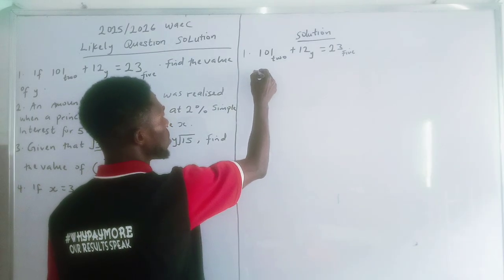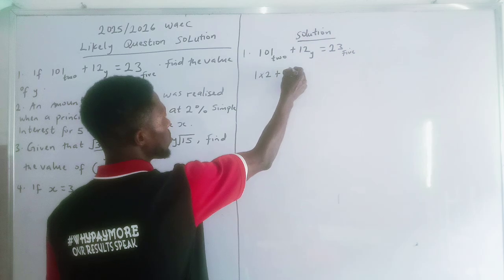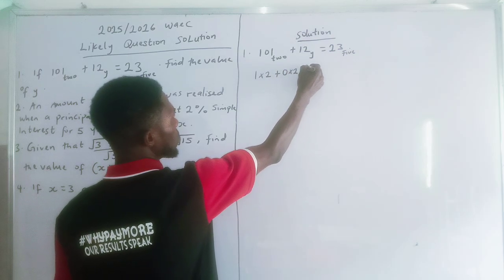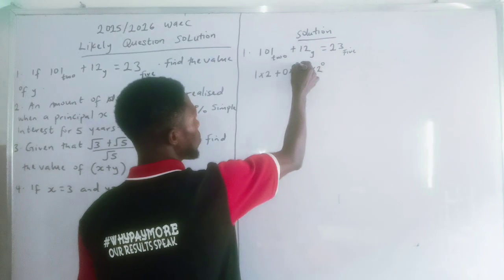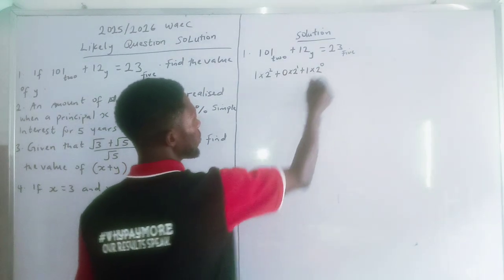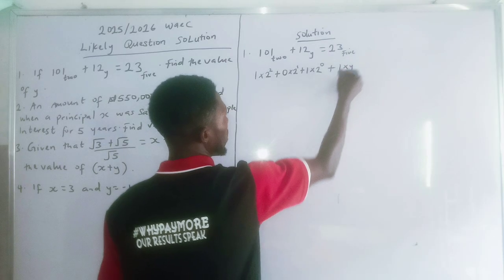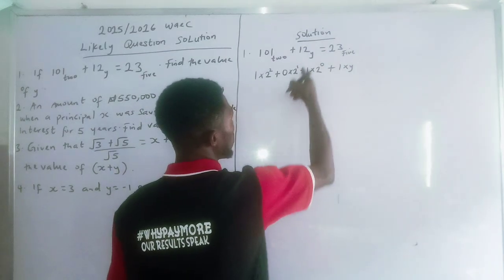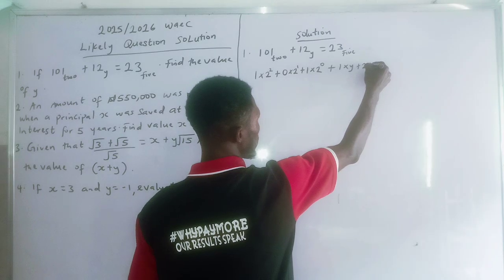So we're going to say 1 multiplied by 2, plus 0 multiplied by 2, plus 1 multiplied by 2, and from there we have the powers 0, 1, and 2. Now we go for the other one: plus 1 multiplied by y, because 12 is in base y, so plus 2 multiplied by y.